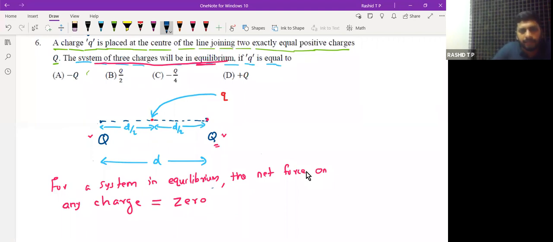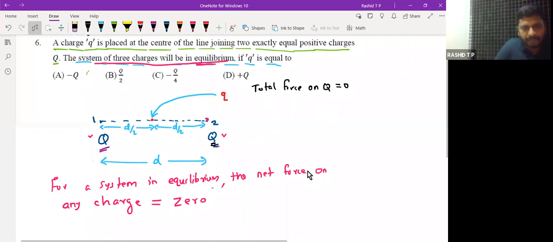Now, if I calculate the total force on this charge, for the calculation I name it charge 2, and this one charge 1. Then the total force on Q is 0. What are the charges that exert force on Q?